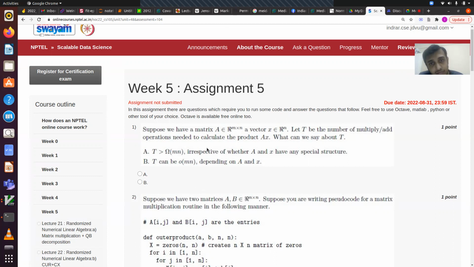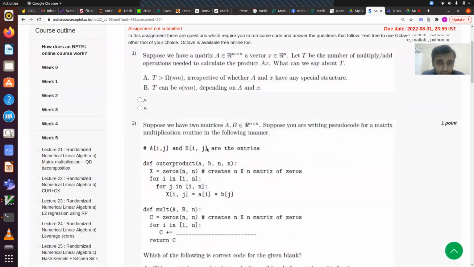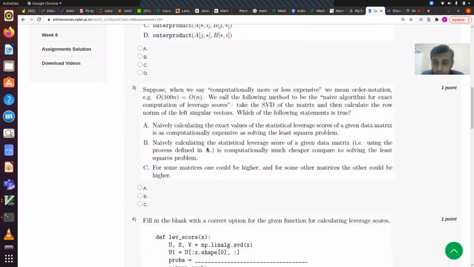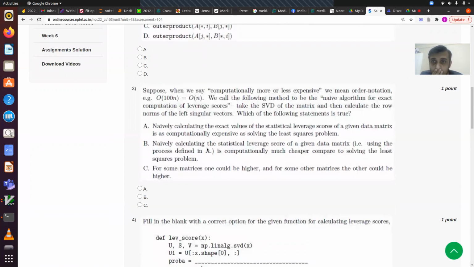Sir, one more question. Third number question. Yes. Sir, suppose we have computed. Please go through the questions, then I will go. What is the question? So when we say computationally more or less expensive, we mean order notation. Okay.